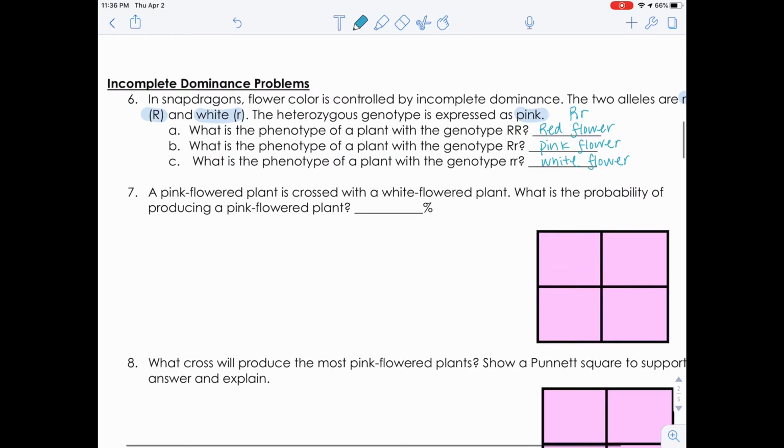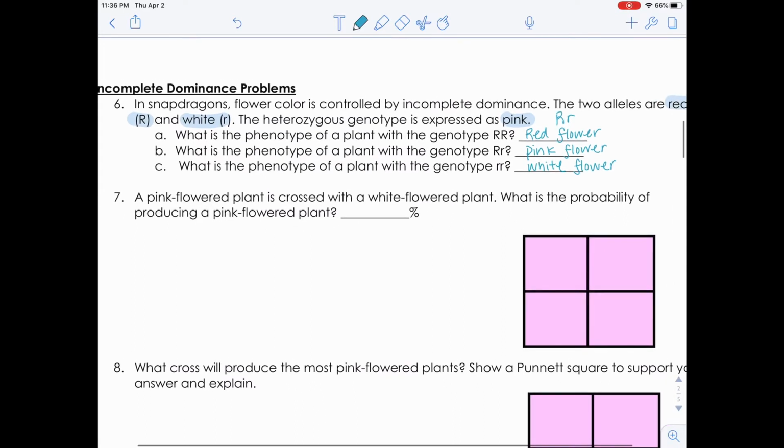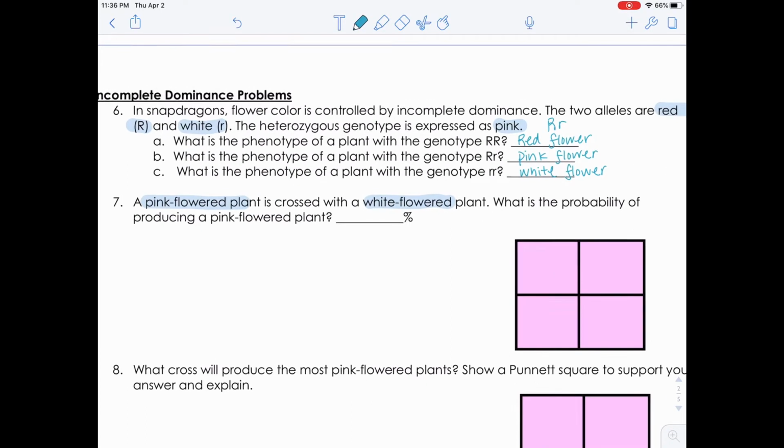Number 7: a pink flower plant is crossed with a white flower plant. What is the probability of producing a pink flower plant? So, pink flower crossed with white flower. The genotype on the top for the pink plant will be big R, small r, and for the white flower plant on the left will be small r, small r.